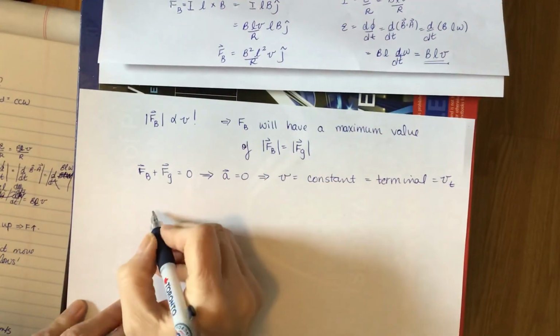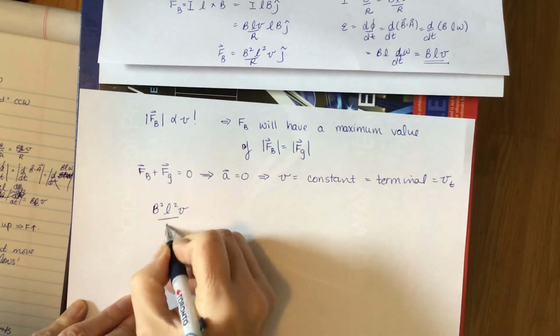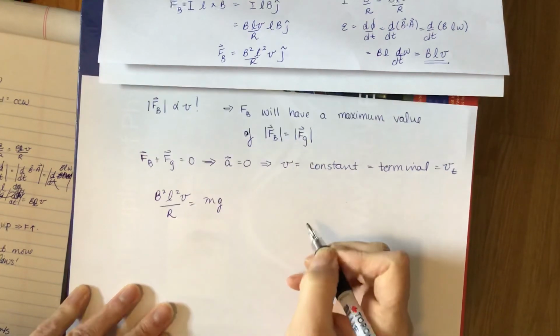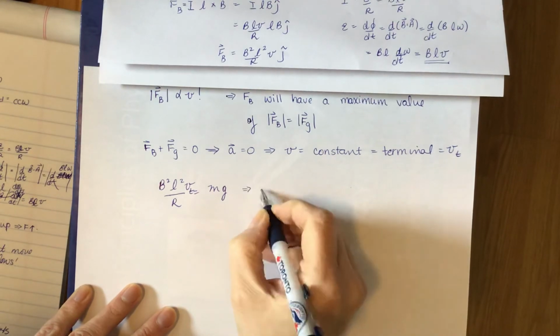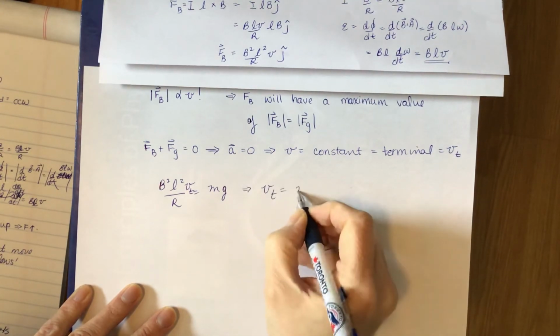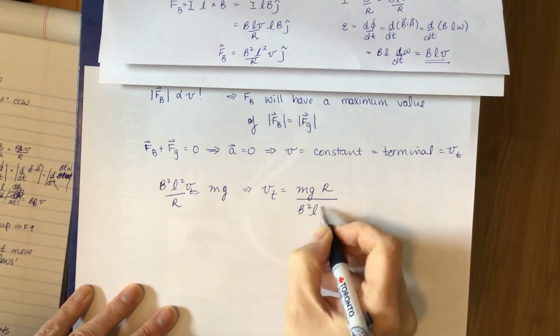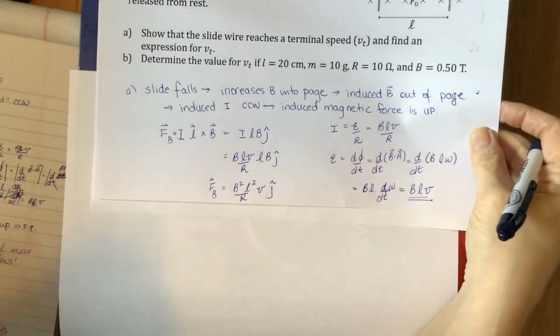The expression for our magnetic force is B squared L squared V over R. That's going to have the same magnitude as the weight, m times g, so they're equal when we're at terminal velocity. That tells us that the terminal velocity is m times g times R divided by B squared L squared. So there's our expression for our terminal velocity.